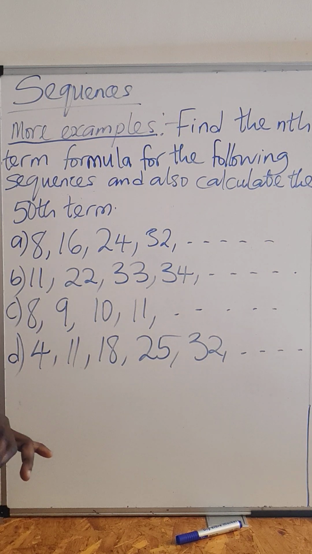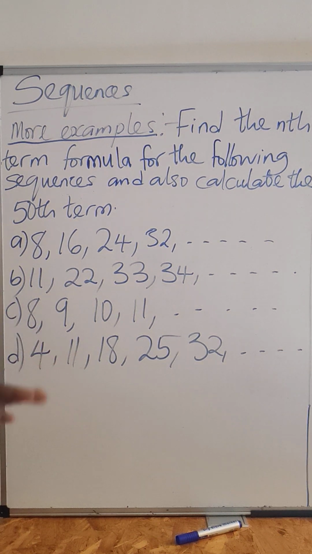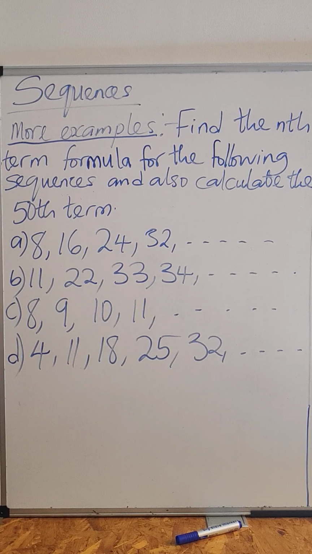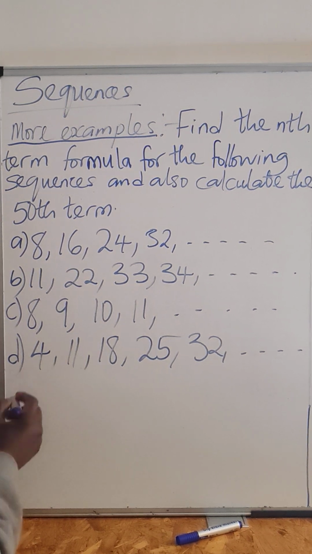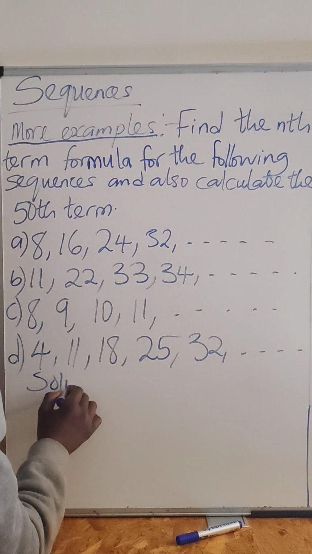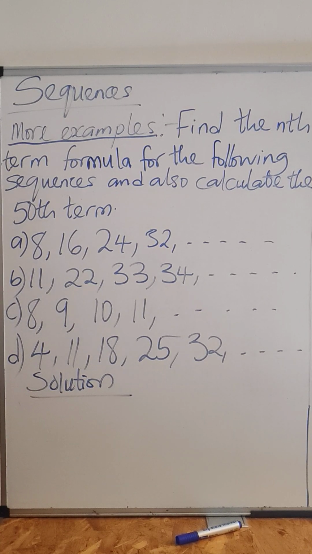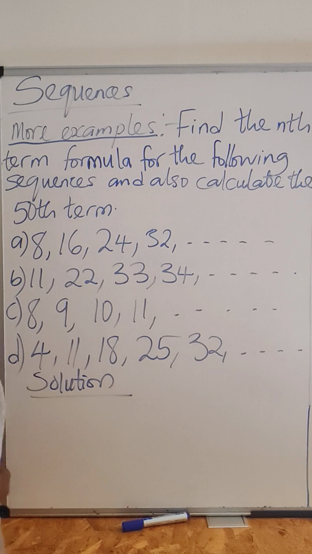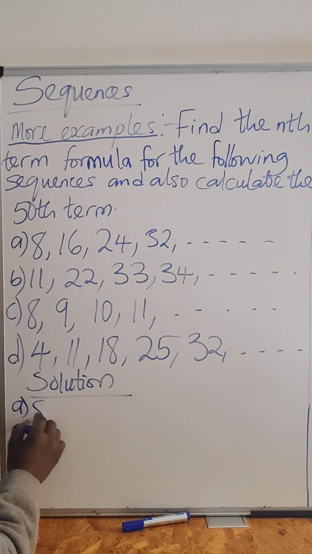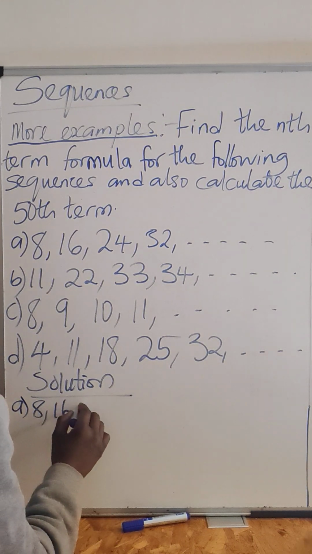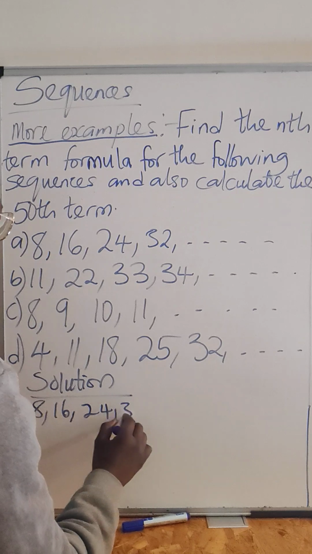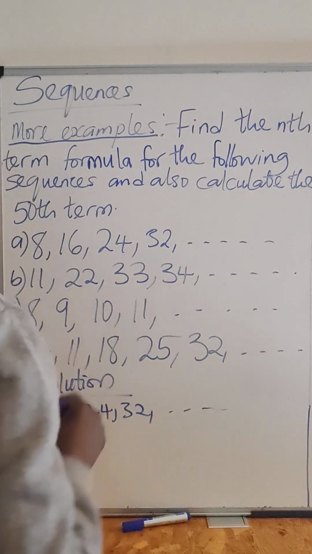calculate the 50th term. We have 4 sequences on board, and if we look at the first one, we have 8, 16, 24, and 32. So let's start from the first one, viewers. 8, 16, 24, 32.